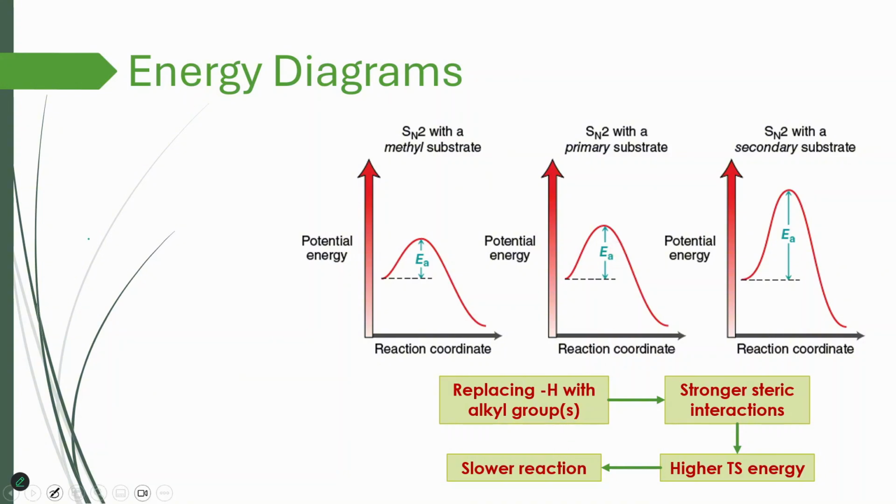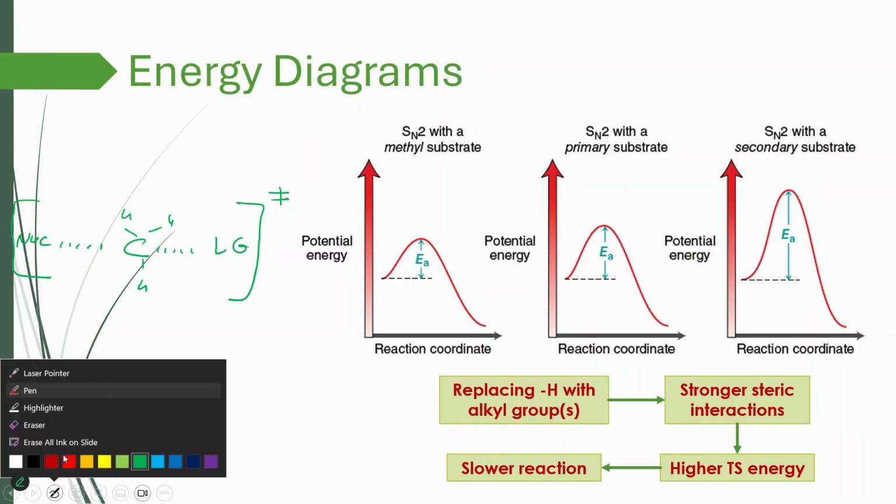So your trend looks like this: you have a carbon, a nucleophile that forms a bond with it, and a leaving group that's leaving, the bond breaking. We always show the transition state with square brackets and a double dagger. When you have hydrogens, the transition state is not affected much by them.